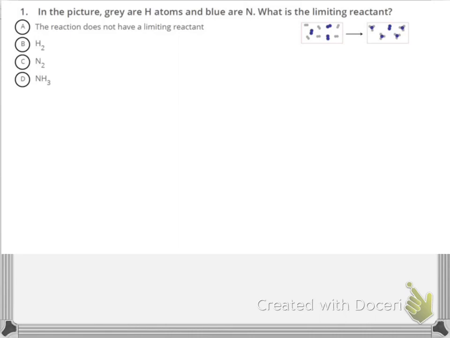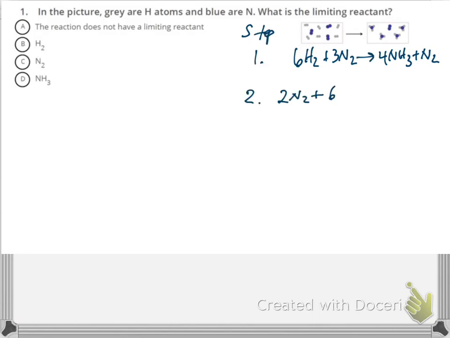So the first question, this was on the Friday study session, and what we're asking is, does this reaction have a limiting reactant? And if it does, what is it? So the first thing we do is account for all the particles. And two, we subtract off the excess.